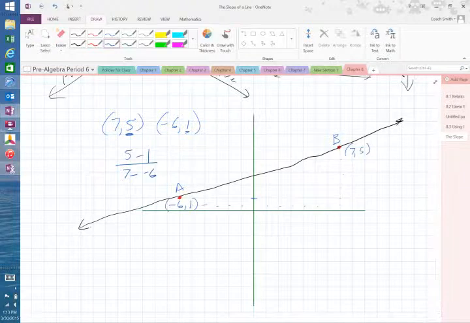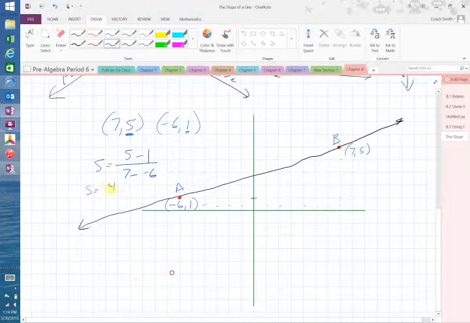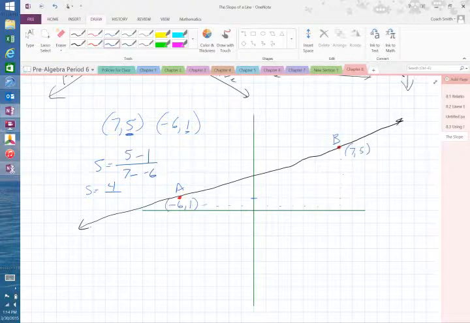Now, what is 5 minus 1? 4. Now, pay attention before you say anything. And remember, we have our rule for subtracting integers. What is 7 minus -6? I told you to think before you answered.